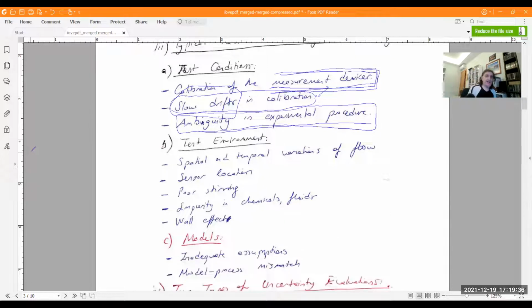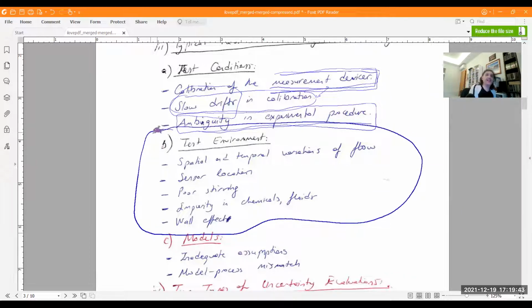Now, test environment is related with the effects surrounding the test equipment, I may say. What do I mean by that? For instance, usually in our experiments, since we are chemical engineers, we are going to be dealing with gas and liquid flows, and most of our experiments will be liquid flow. And you are going to realize, perhaps you already know that, there are going to be spatial and especially temporal variations of flow.